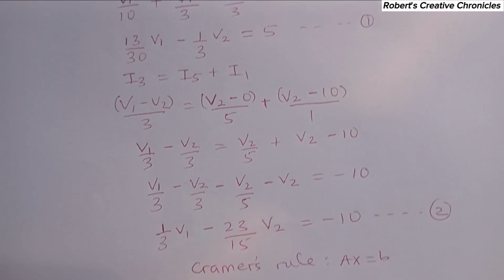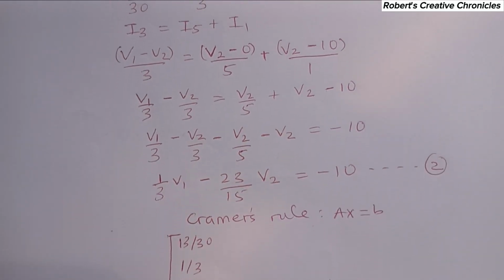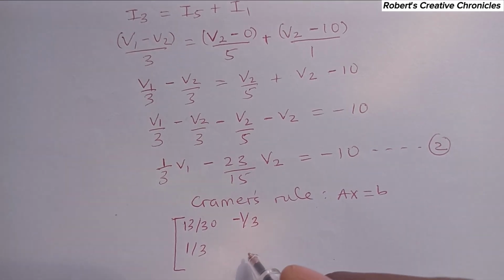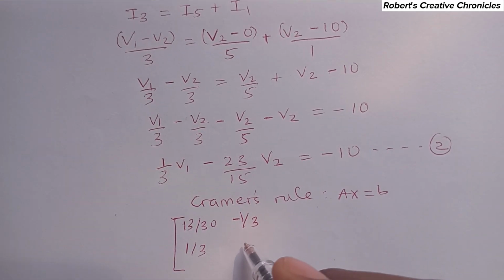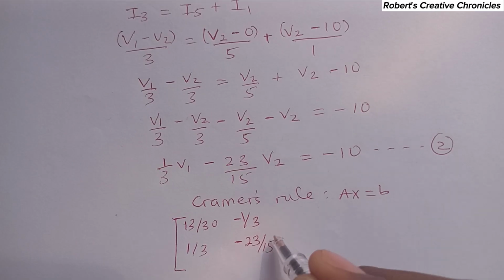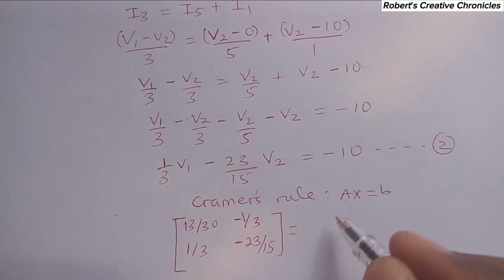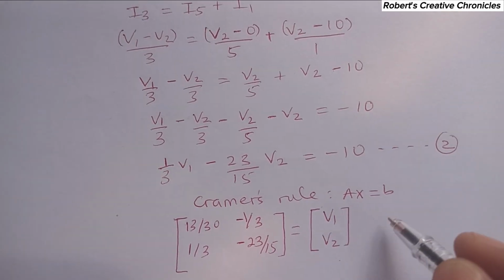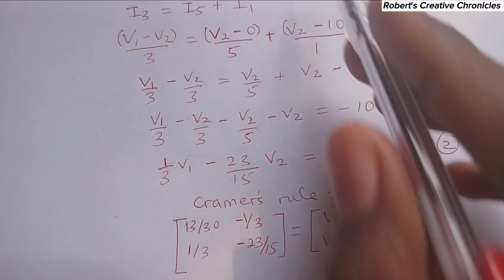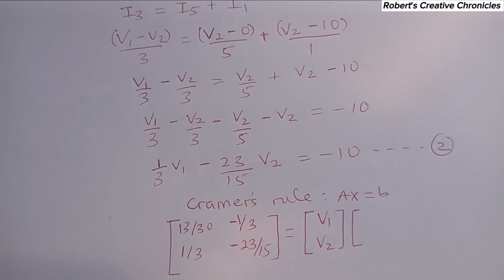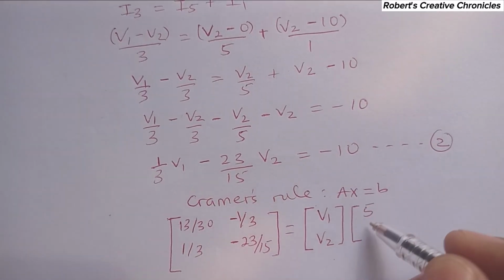And the second one is negative 1 over 3, and negative 23 over 15. Our variables are V1 and V2. Then B is this one, 5 and minus 10.